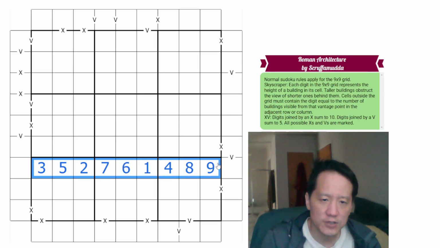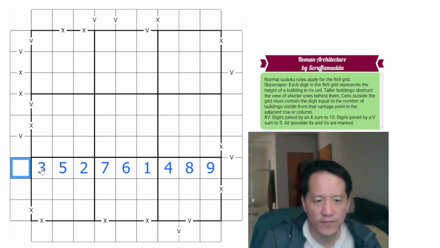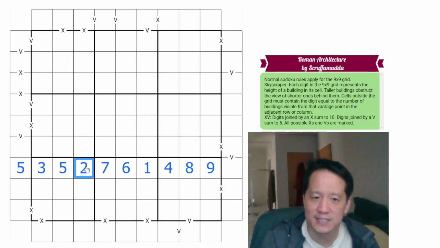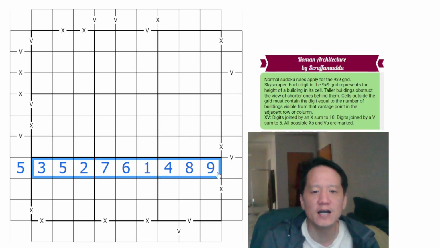If we looked at it this way, this would have to be 5 because it sees the 3, it sees the 5. It does not see the 2 because that's blocked by the 3 or the 5. It sees the 7, but it does not see the 6 because the 6 is blocked by the 7. It doesn't see the 1, obviously it doesn't see the 4. And it sees the 8 and the 9. So it sees 5 skyscrapers if we look this direction.